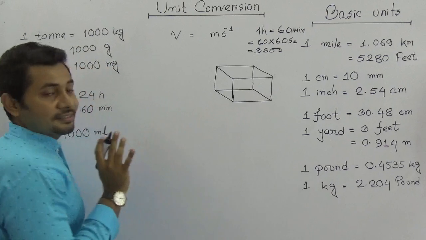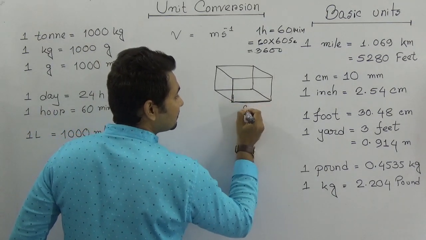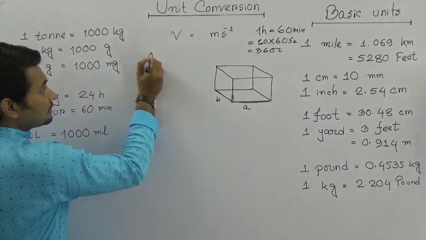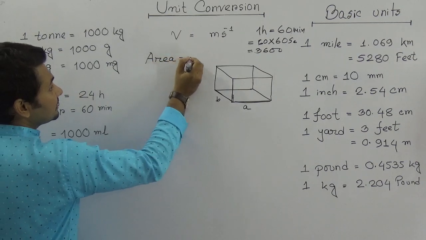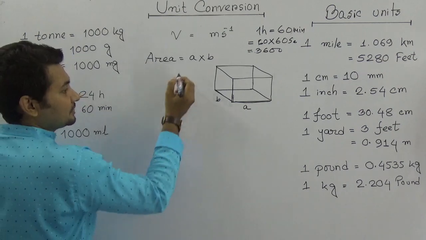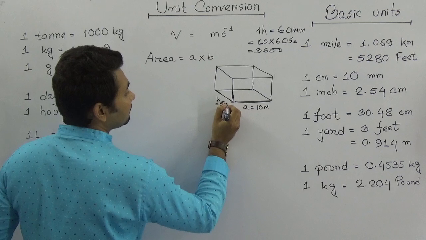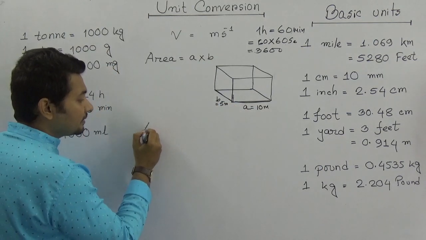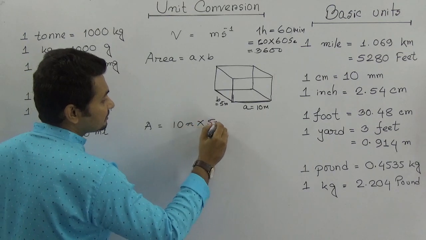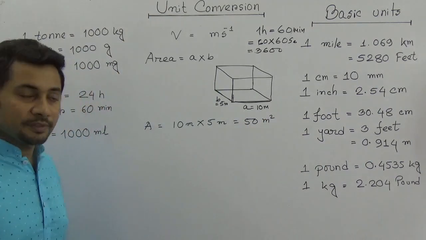Suppose the length is A and the breadth is B. So area is length times breadth. Suppose this is 10 meter and this is 5 meter. So the area is 10 meter times 5 meter, 50 meter square.